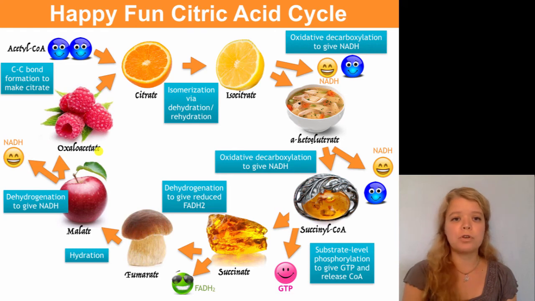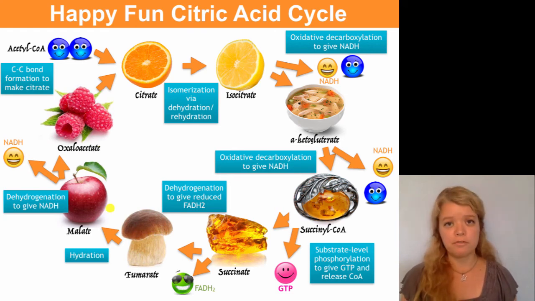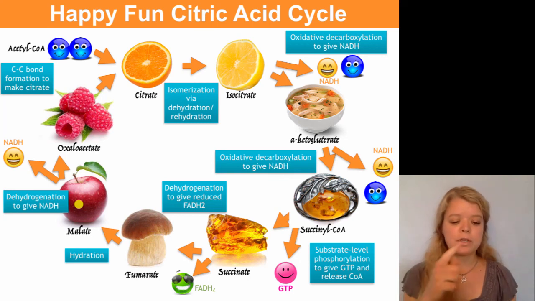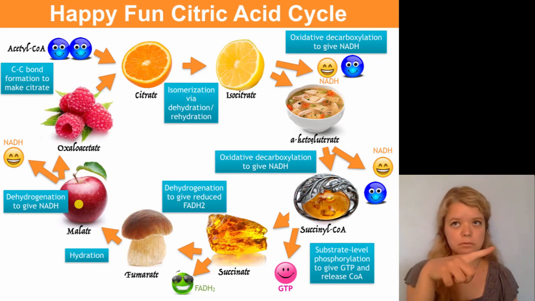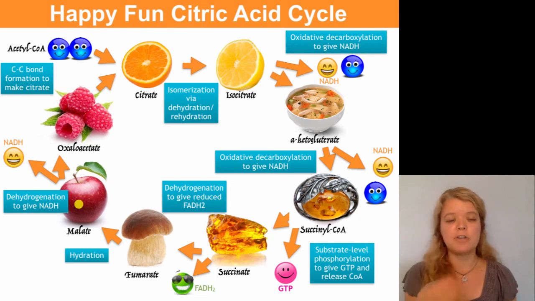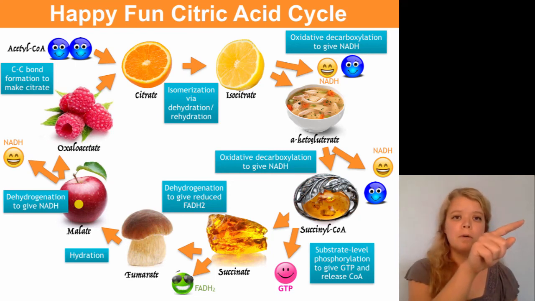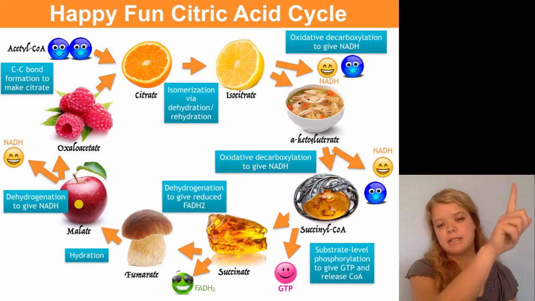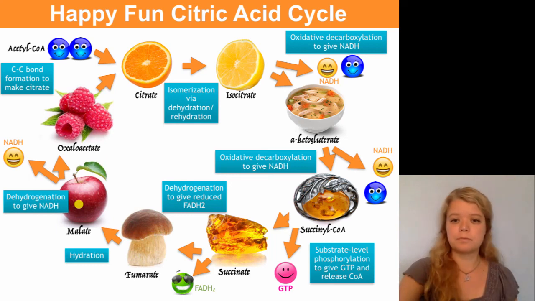Also, if you remember from gluconeogenesis, the malate oxaloacetate shuttle is how you get oxaloacetate out of the mitochondria to allow for further gluconeogenesis steps in the cytoplasm.